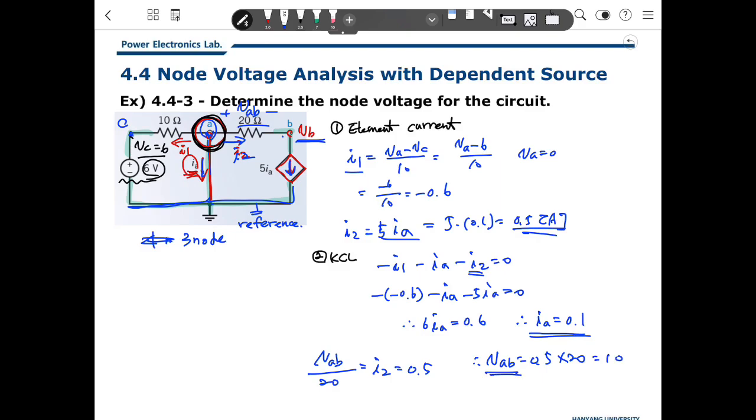Then what is VAB? VAB will be VA minus VB. VA is 0. Why? VA is connected to the reference voltage. So 0 minus VB will be VAB, which is 10. Therefore, VB is minus 10 volts. That is the way to solve the circuit with the dependent source.